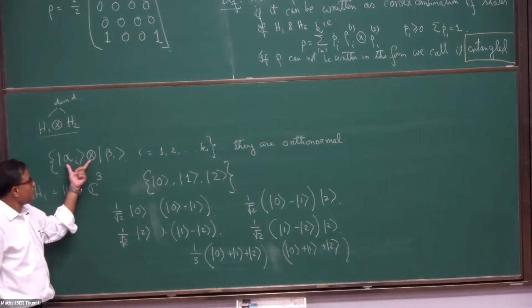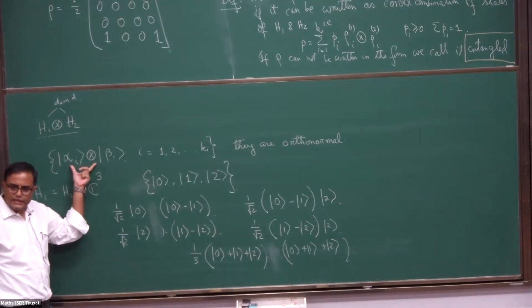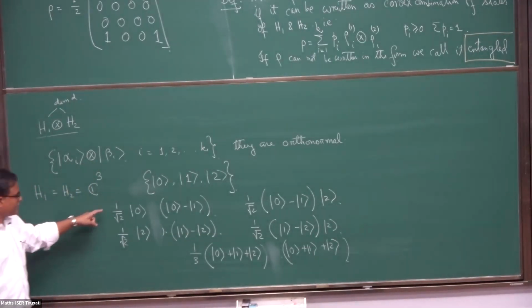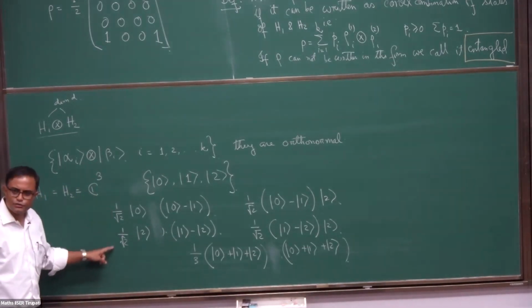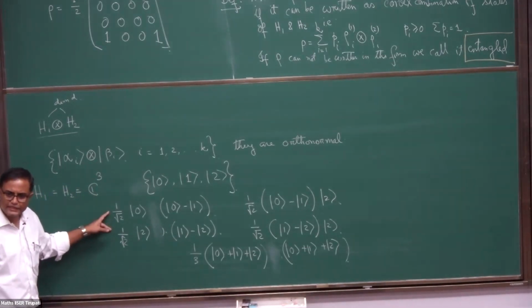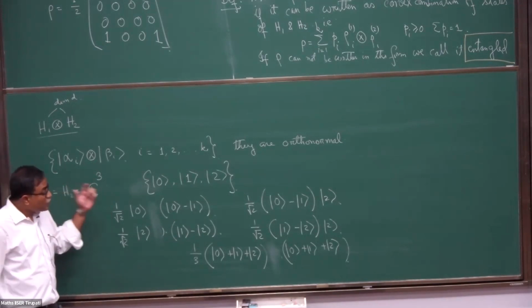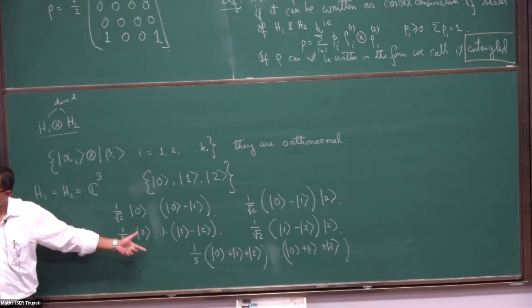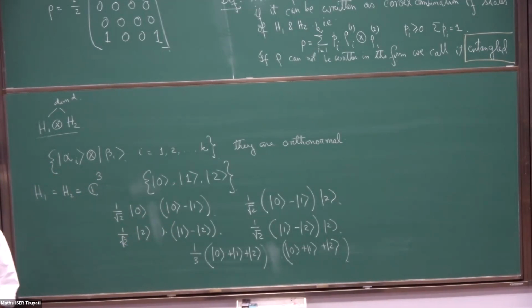They are all kind of separable, they are product vectors, and they are all orthonormal, because to maintain this orthonormality I had to take care of the 1 by square root of 2 factors, etcetera. They are not complete, because this is a 9 dimensional space and we only have 5 vectors. So, why am I bothered about it?